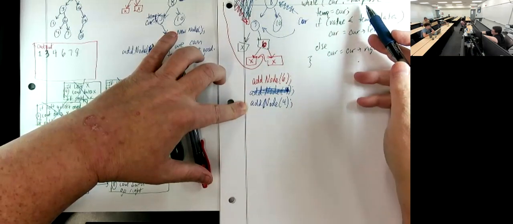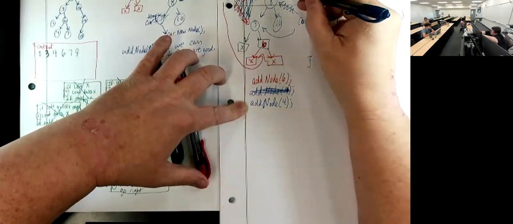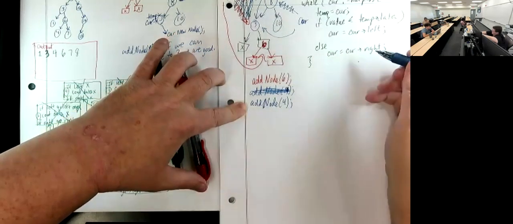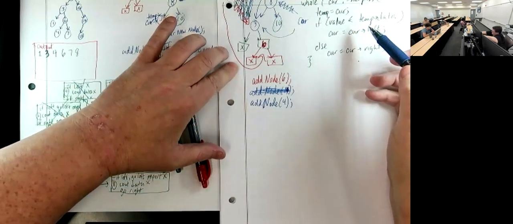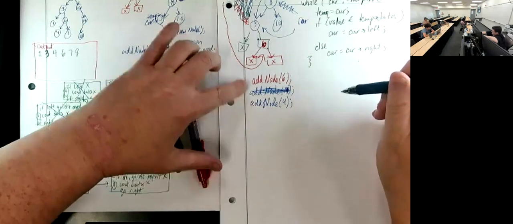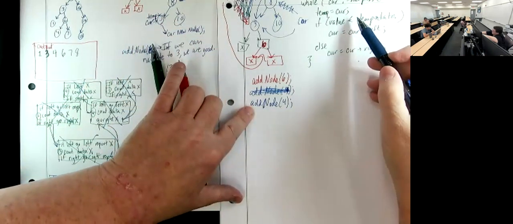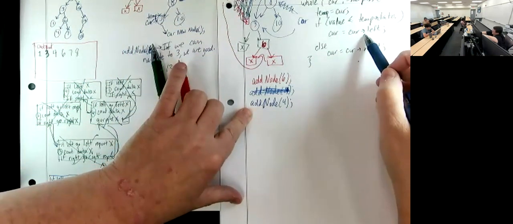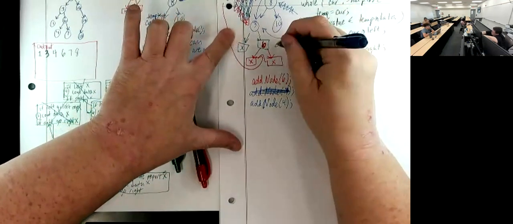Current is not a null pointer, so temp joins current at 3. And then it asks, is 4 less than 3? No, it skips the if part and goes to the else. Current jumps to 6 now.